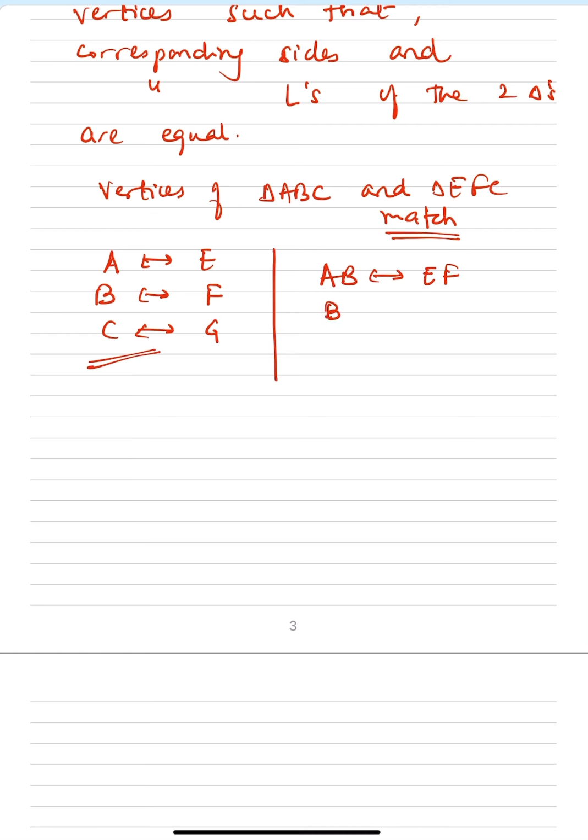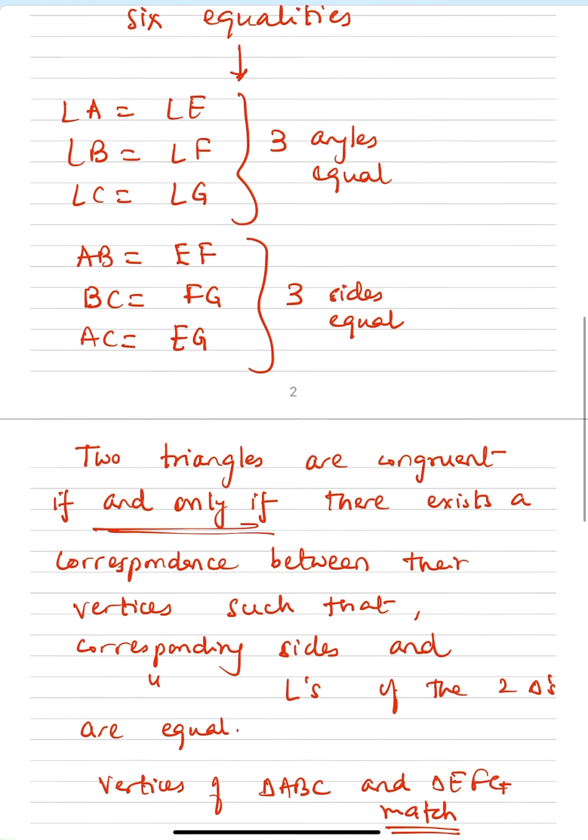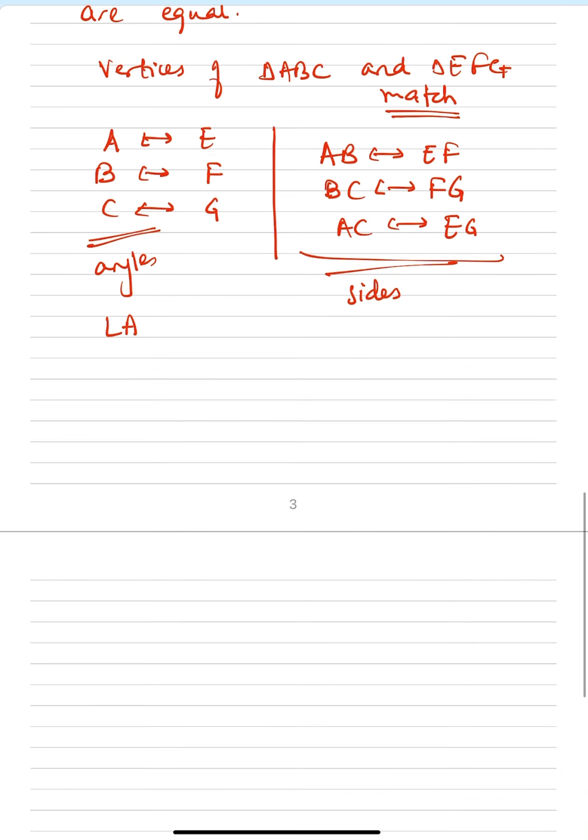Now the sides: AB corresponds to EF, BC corresponds to FG and AC corresponds to EG. These are the sides. Got it? Then we can write that they are equal, when the vertices match.